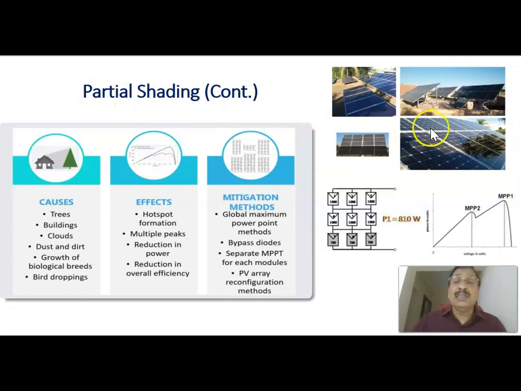Partial shading means that because of shade, maybe from a building or a tree, falling on the solar panel, the efficiency of that portion of the solar panel gets reduced, and the total efficiency of the PV system gets reduced. That is the effect of partial shading.